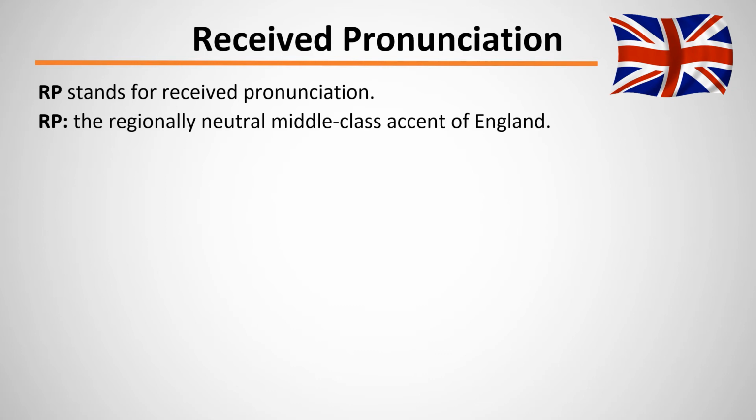Regionally neutral. What that means is that by hearing this accent, one cannot know where in the UK that speaker is from. So they might be from Devon, Wales, London, Yorkshire, anywhere. This accent is not from one particular place.